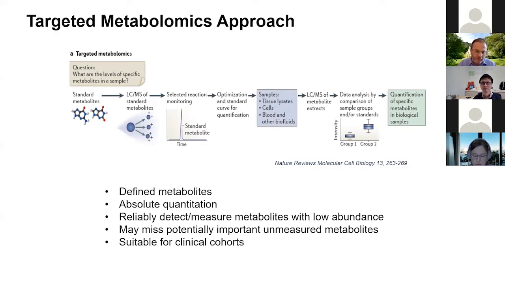A couple other things that make this more of an advantage is that you can pick and choose low abundance metabolites, so things that are very low concentration that can be missed by other methods. You can design your assay to specifically look at things that you know are not around in very high amounts, but are important. And again, because of absolute quantitation, I think they're pretty suitable for large clinical cohorts.